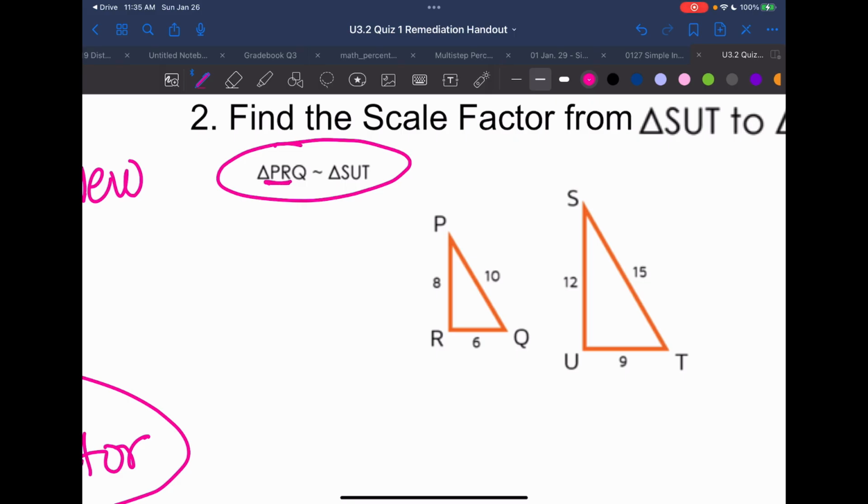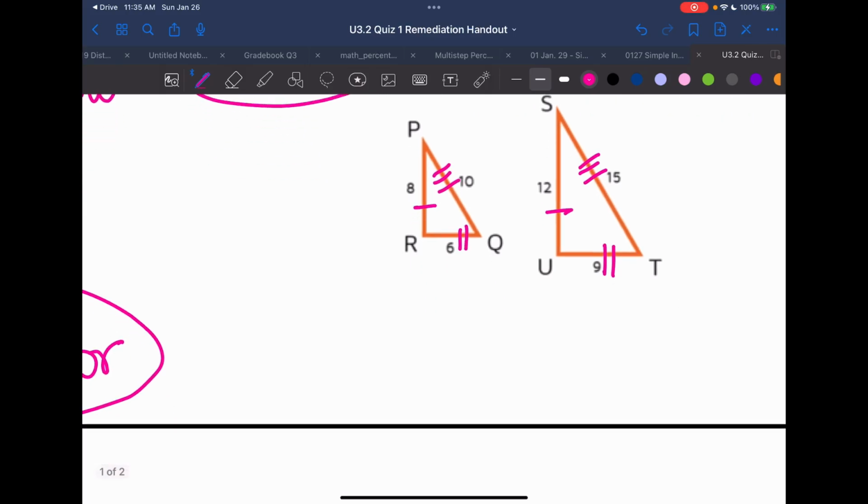So PR is in the same spot as SU, so this side and this side are in the same place. RQ is in the same spot as UT, so RQ is in the bottom, the same spot as UT, which is in the bottom on the other one. And then PQ is in the same spot as ST, so that's my longest side of that triangle.